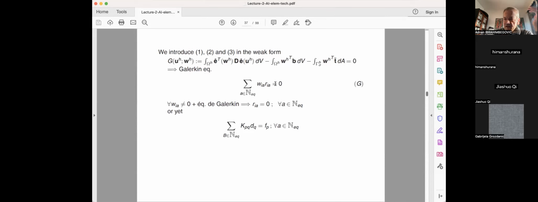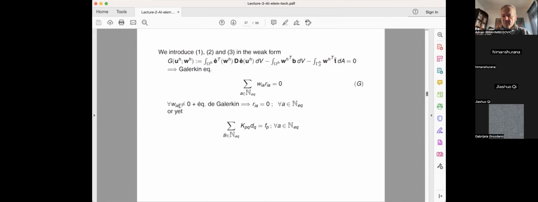Now I say this Galerkin equation implies the summation of all virtual displacements at the nodes A in direction I, multiplied by the residual. And the residual can be written as a so-called stiffness matrix, multiplied by the nodal values of real displacement, minus the work of the external forces.